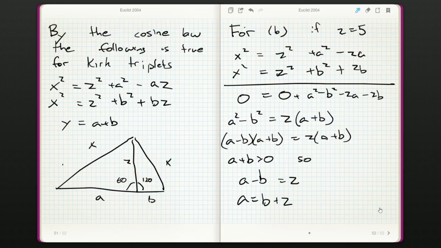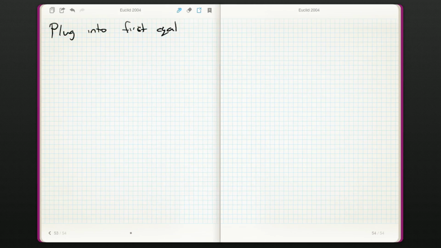Well, let's try it out. Let's plug it back in, into our first equation. So we had x squared was z squared plus a squared, but now this is b plus z squared, minus z, b plus z.